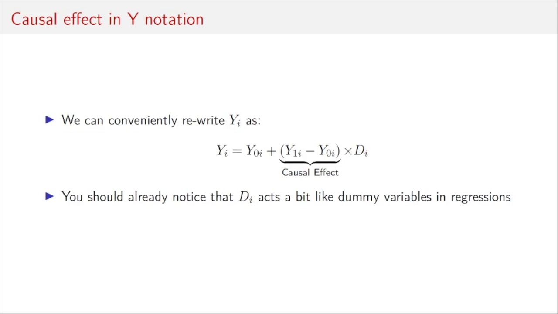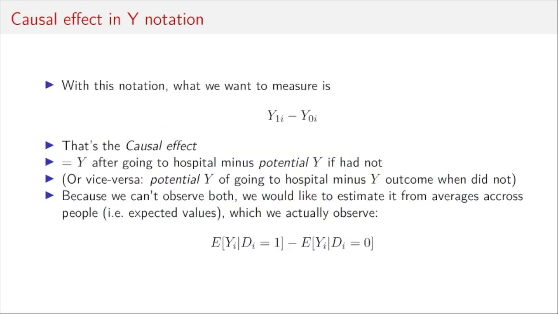Now this difference, y_1i minus y_0i, is the causal effect. Let's talk about it a little more. What we want to measure is y_1i minus y_0i. It means the health status if you went to the hospital minus the health status if you did not, for the same individual i. That is the effect of the hospital. But again, only one of those is observed.